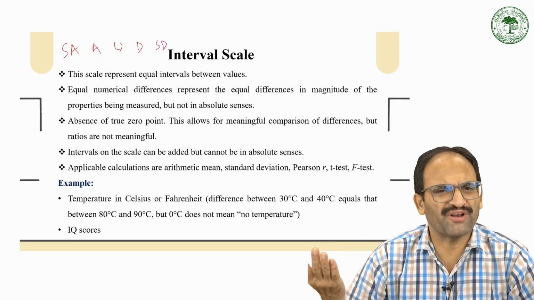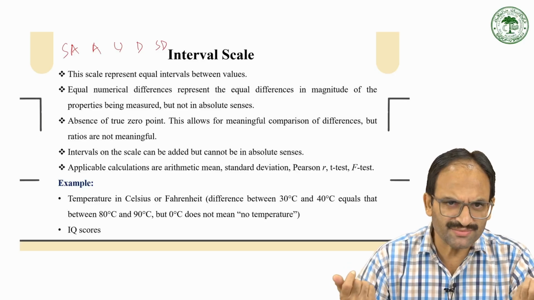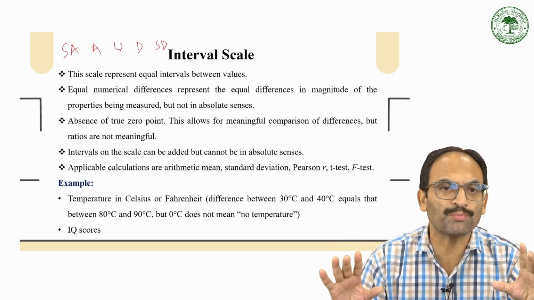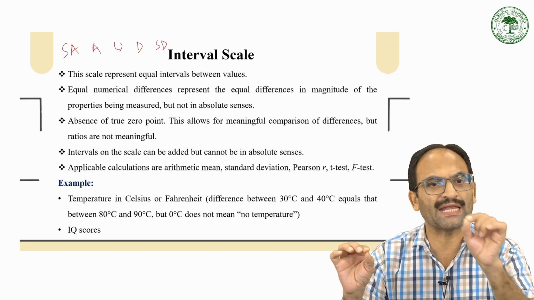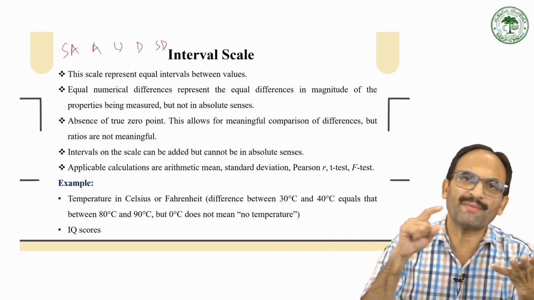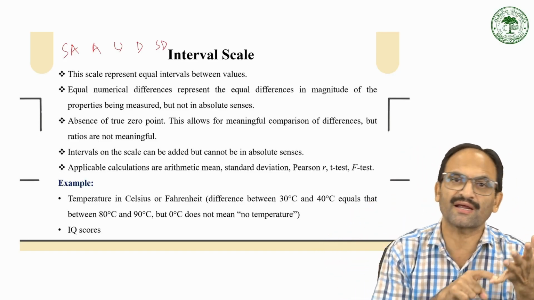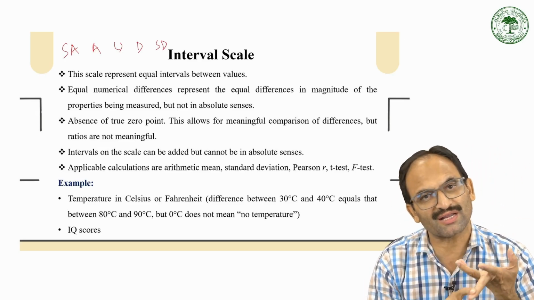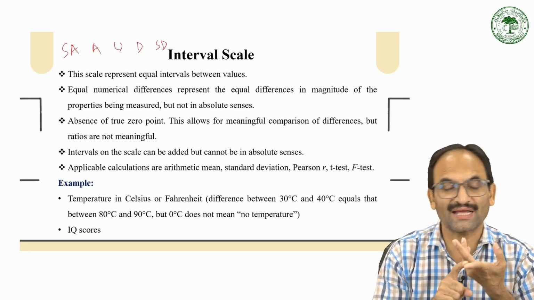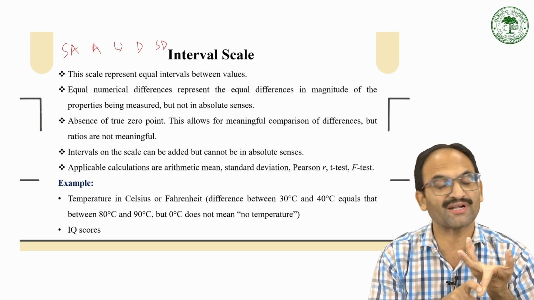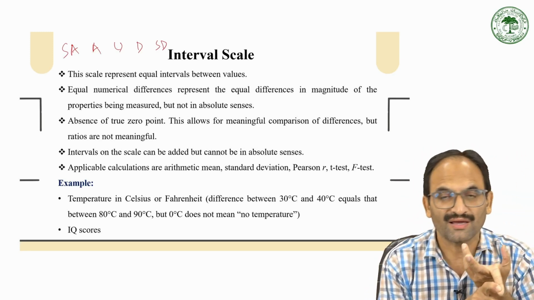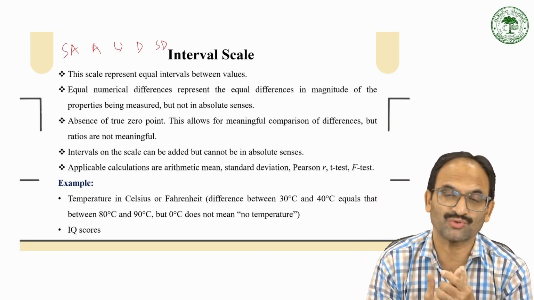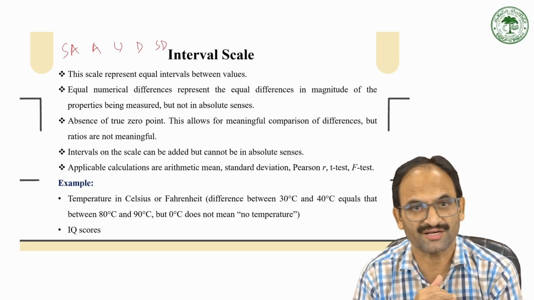So I have framed 30 questions, 30 items, and the respondents are required to put a tick mark on any of these 5. They might put a tick mark on strongly agree category, they might put a tick mark on agree category, they might put a tick mark on undecided category. If they disagree, then definitely they can put a tick mark on disagree category, and if they feel strongly disagree against some item, they may put a tick mark on strongly disagree category.